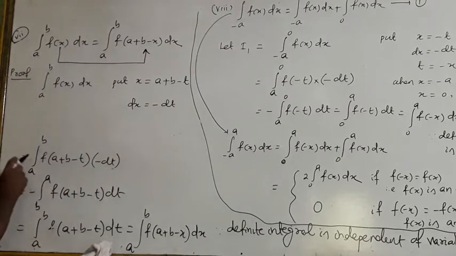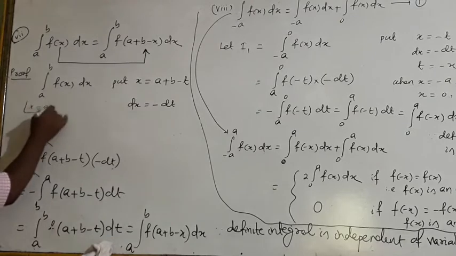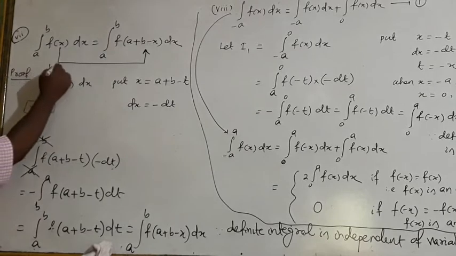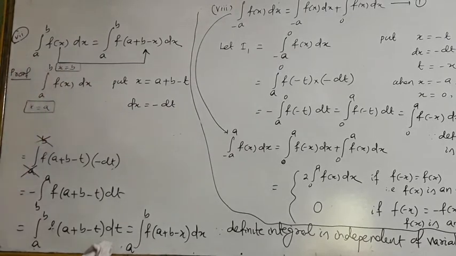Now if you write this a to b, then it is wrong. Why is it wrong? Look at here. It is telling f(x) dx from a to b. What does it mean? It means from x is equal to a to x is equal to b. Here this to this.